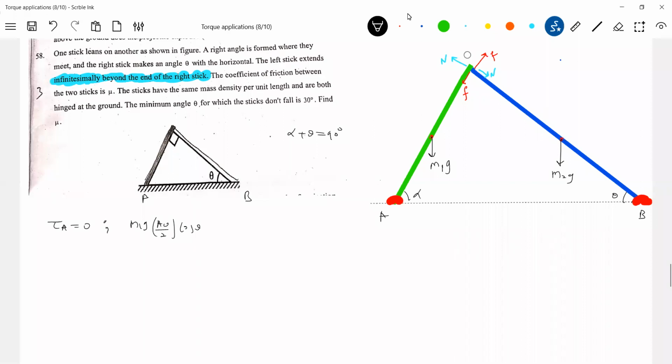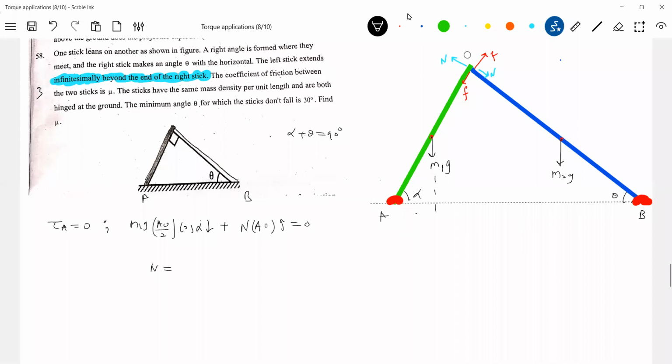Shall I write directly? Or cos alpha. The distance is AO, so what can this distance be? AO by 2 cos alpha clockwise. Then the normal reaction N times AO equal to 0. Alpha is 90 minus theta. Solving this, I'll get N.